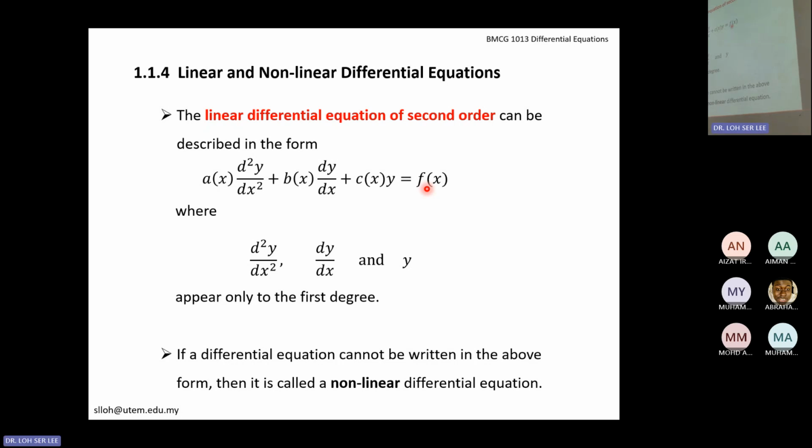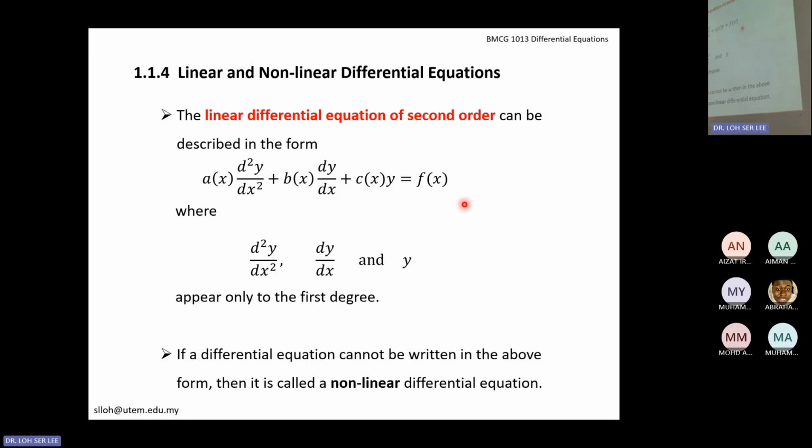Constants are also accepted, because a constant is also a polynomial with degree 0, right? No matter, this can be any function, polynomial, exponential, any function as long as it is in x, the independent variable.